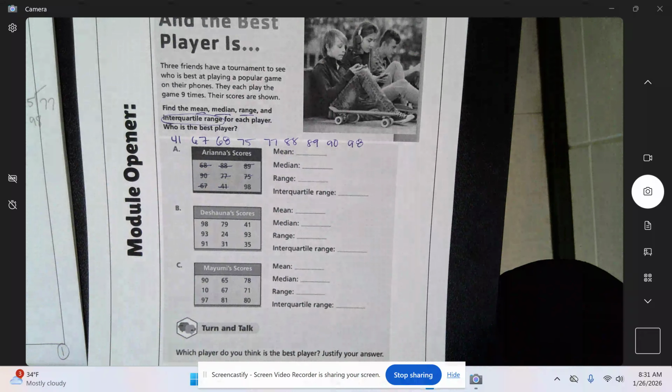Okay? So you can go ahead and find the mean of those numbers. Now you can use your calculator. Add them all up. And what are we going to divide by? 9. Yeah. Add it all up, and then divide. You should get 77.